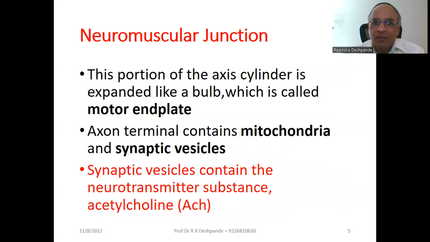The portion of the axis cylinder is expanded like a big bulb, which is called the motor end plate. Don't worry, I'm going to show you the pictures. The axon terminal contains mitochondria, the powerhouse of the cell, and synaptic vesicles.